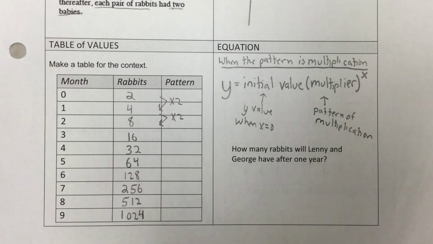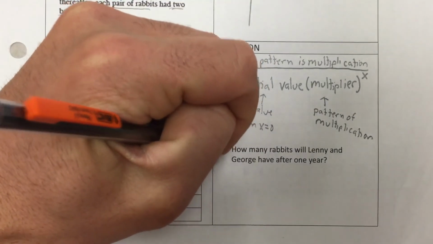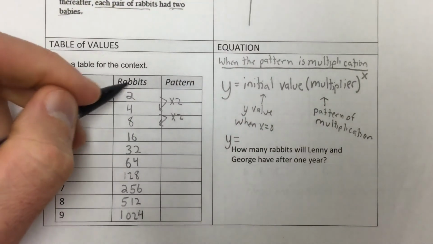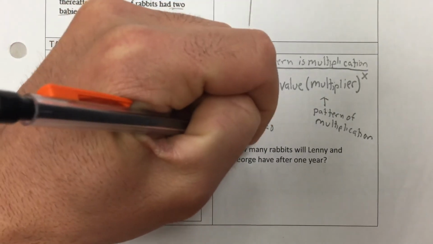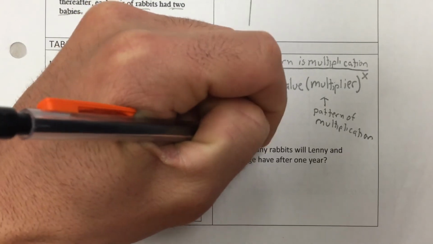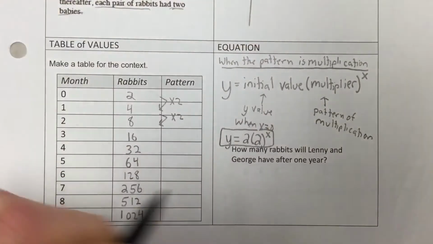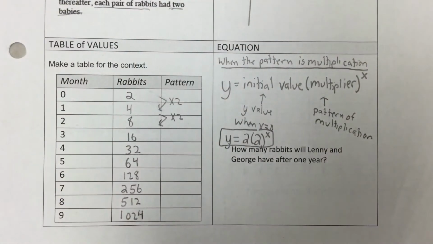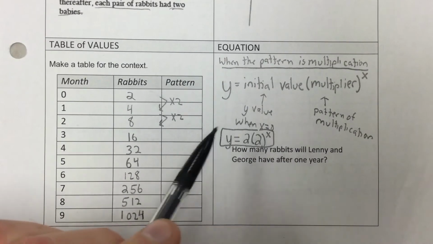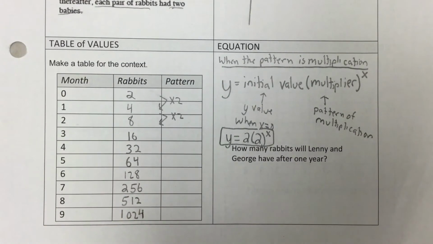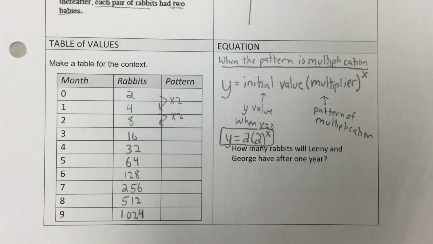So therefore, our equation in this particular context would be y equals, our initial value is 2, because the y value when x is 0. Our multiplier also happens to be 2, and then x is in the exponent. When you write an equation, you must have an x and a y in your equation, because that means I can plug in any number of months in this case, and get the specific number of rabbits out for that month.